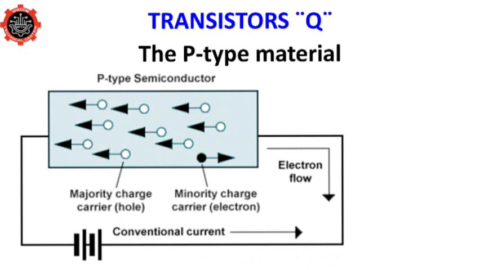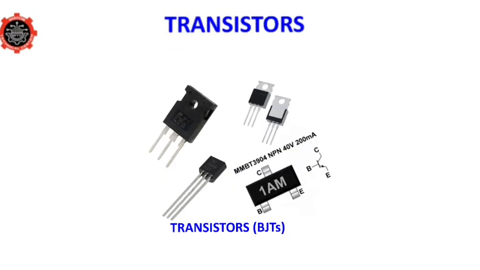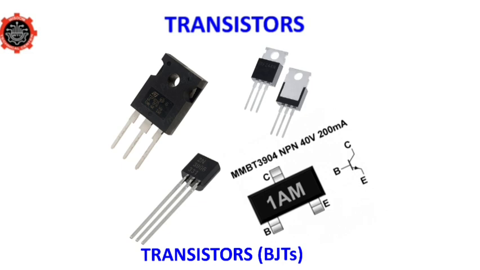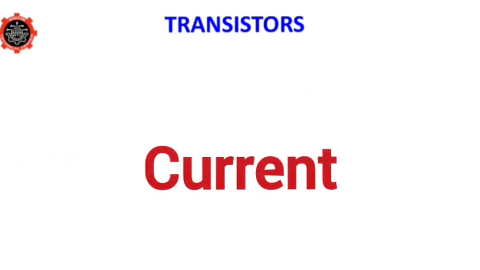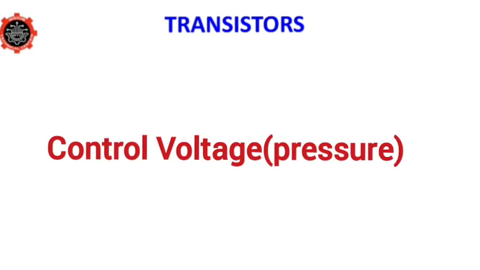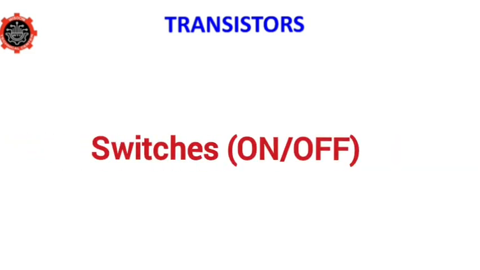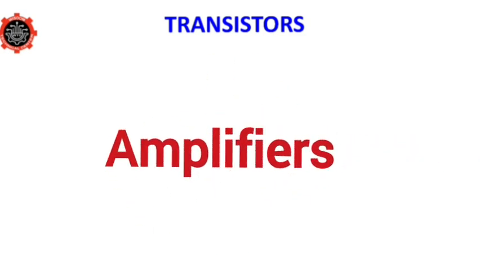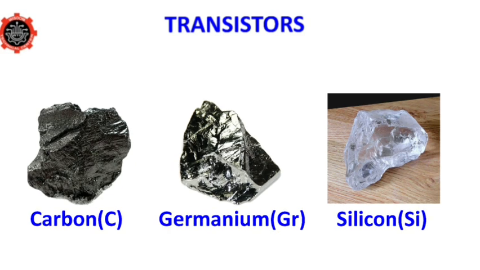So now, for the conclusion of this short introduction to transistors, I say a transistor will help you regulate the flow of current and the pressure, that's voltage. It works like a switch. It also works like an amplifier. We have pure semiconductor materials that are used, mostly silicon and germanium.